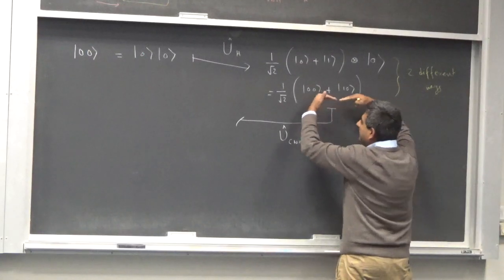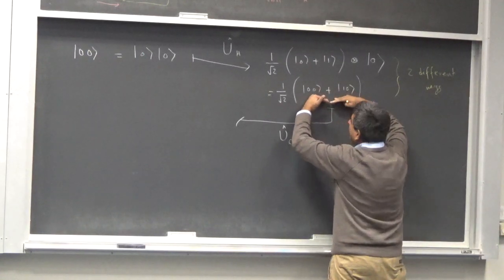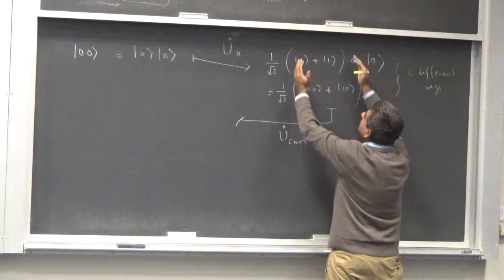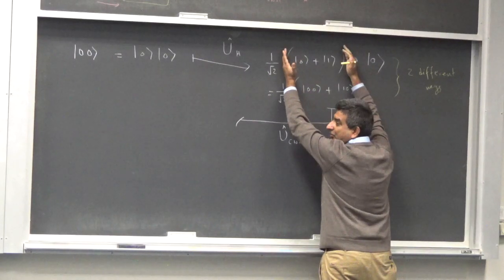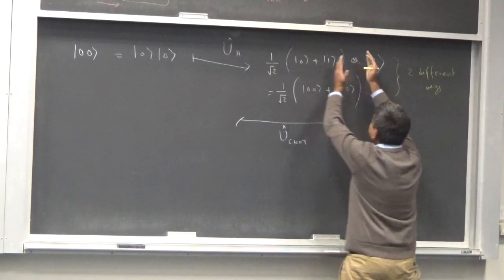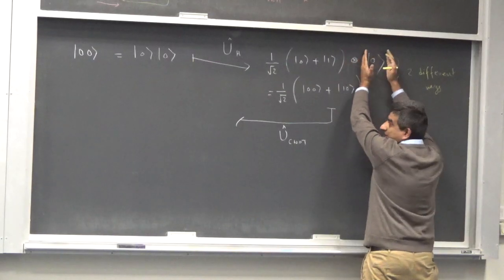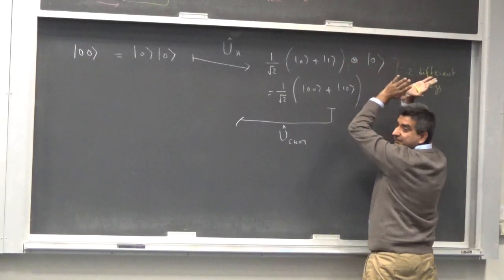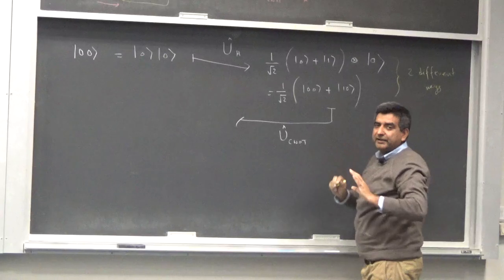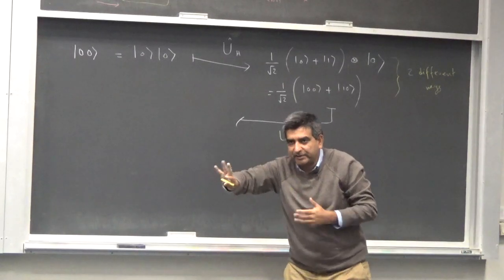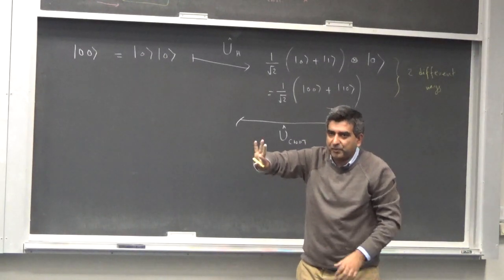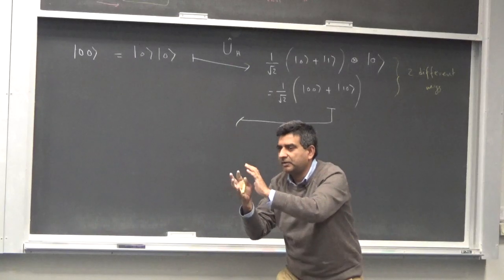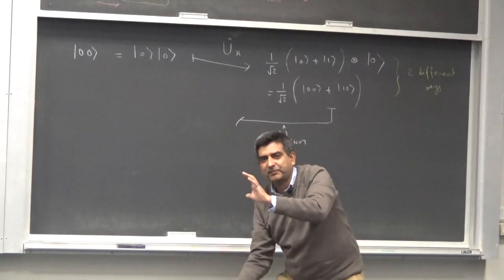Now, the manner in which I write this state, I can always refer it back to some state on the first qubit, tensor product with some state on the second qubit. That's it. So I can look at the first qubit. If I were to do a measurement, I look at the first qubit separately and independently from the second qubit.